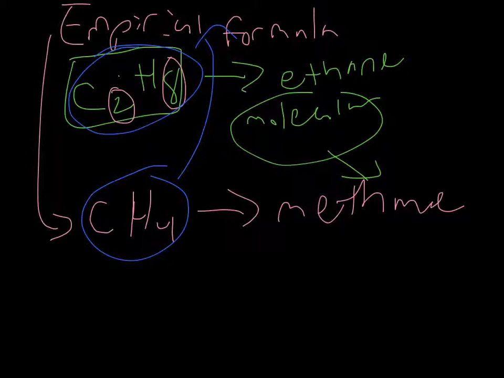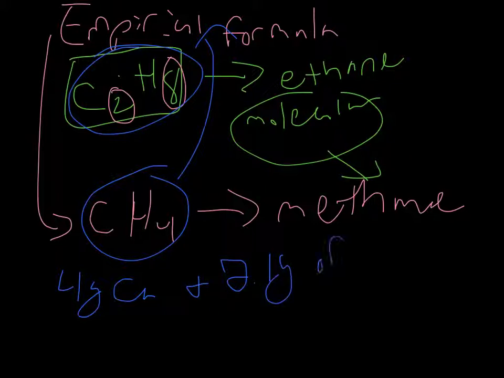But they do show up sometimes, and that's when the percent composition by mass, the thing that we just did, comes in handy, because it helps you figure out molecular formulas. The example that the book gives you, they might tell you that you have 4 grams of calcium and 7.1 grams of chlorine.